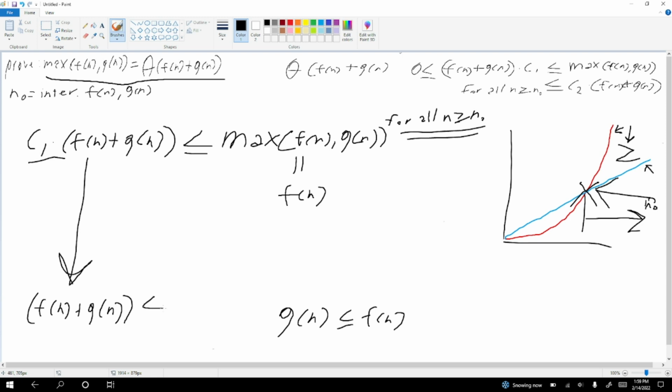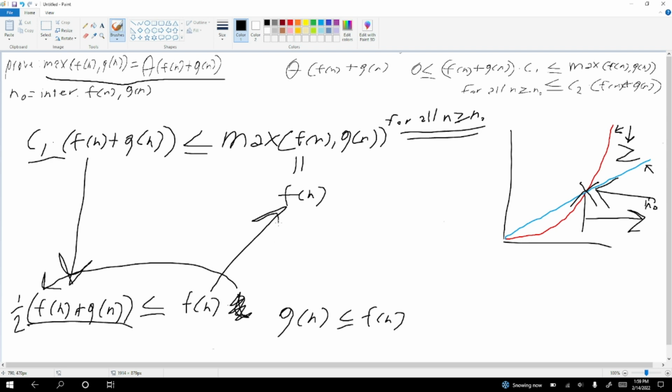our g of n plus f of n, right here, is less than or equal to f of n times 2, right? Because at the very most, these guys are the same, equal, and if not, this is less. And if you do a little bit of algebra, we could just pop this over and make it 1/2. Then we know that 1/2 of f of n plus g of n is less than or equal to f of n.